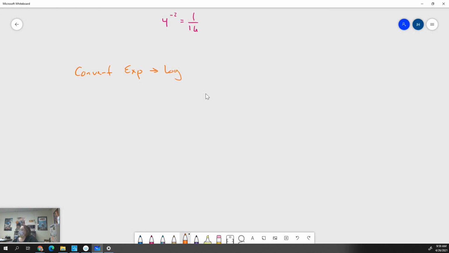If I have 14 squared equals 196, and I need to convert that, I'm going to do the same thing. I'm going to start with my log, and I'm going to go first, which is 14, last, which is 196, equals the middle, which is 2.